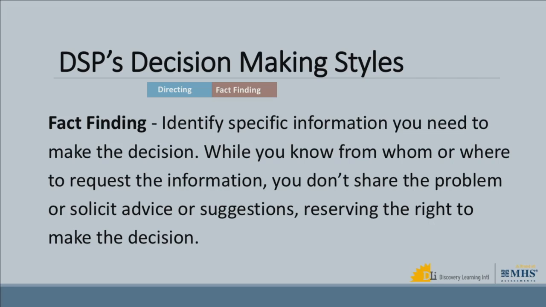Now, fact-finding is a little bit different. Now, these are points along a continuum. Fact-finding is directing with more targeted data gathering. And so there are specific data points I need. I need to go ask Sue about that schedule. I need to go ask Juan about this event. So there are a couple of people I'm going to go and just get those targeted pieces of data.